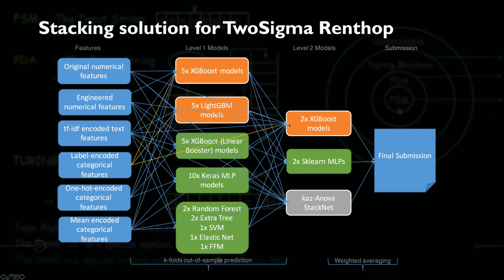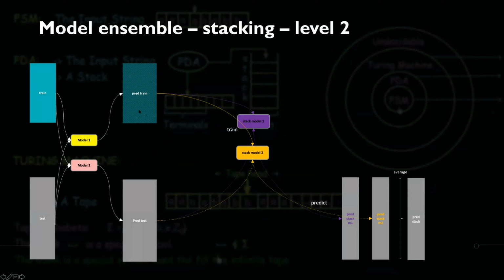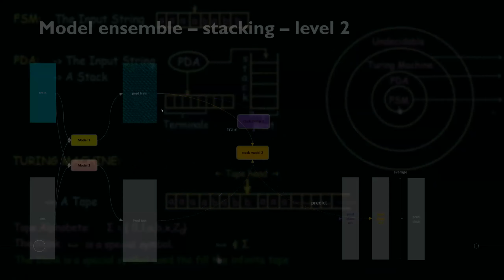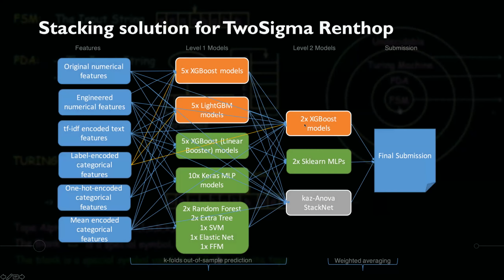One thing I'd like to mention is that for the previous slide, we talked about how to leverage the predictions out of the base models to train our stacking model. But in fact, a better way to leverage the predictions is to stack them along with the original features. If you take a look here, for the XGBoost stacking models, I didn't only use the predictions from the base models.